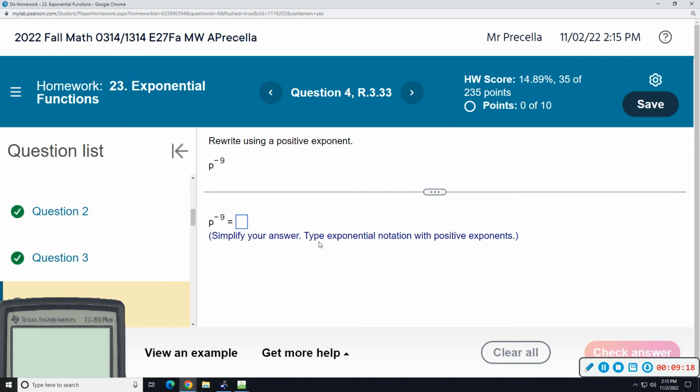Number 4 says, rewrite this without a positive exponent. So this is problem 4. p to the negative 9th power.